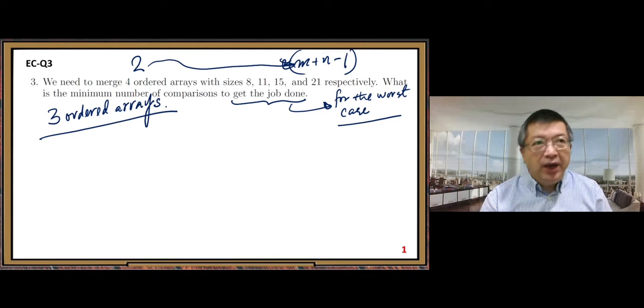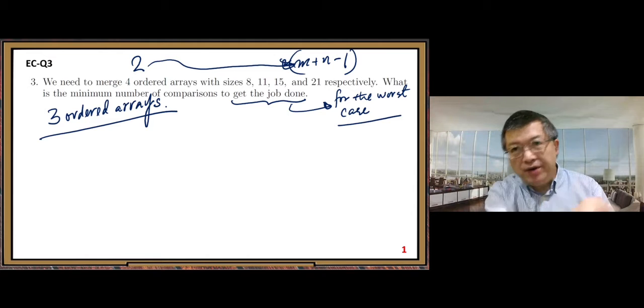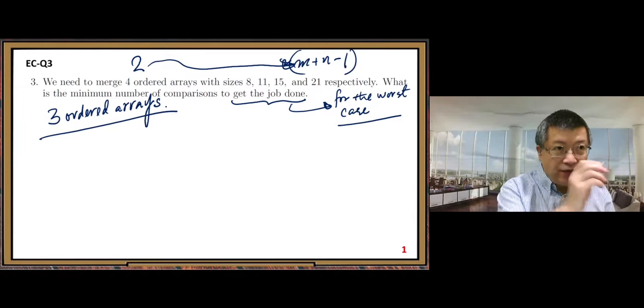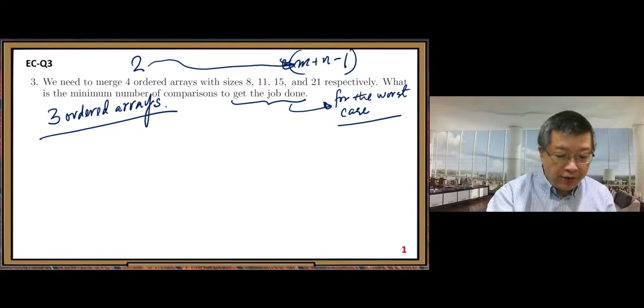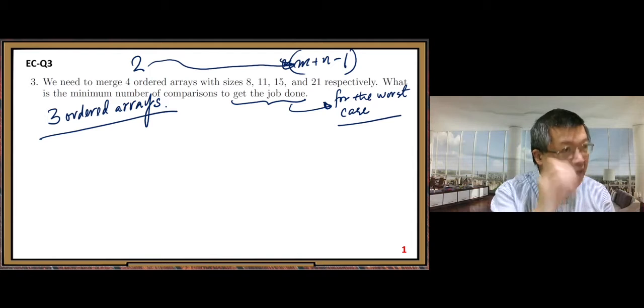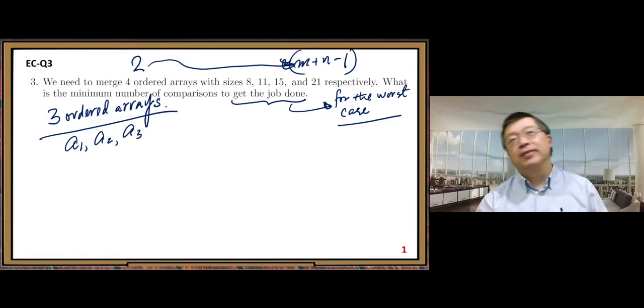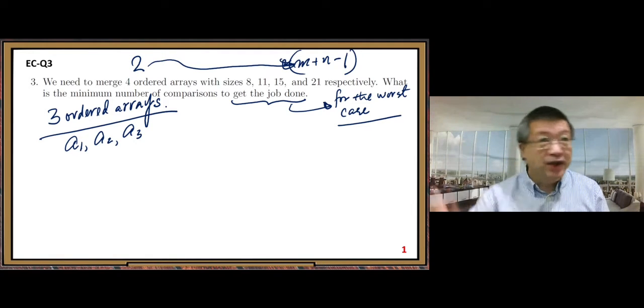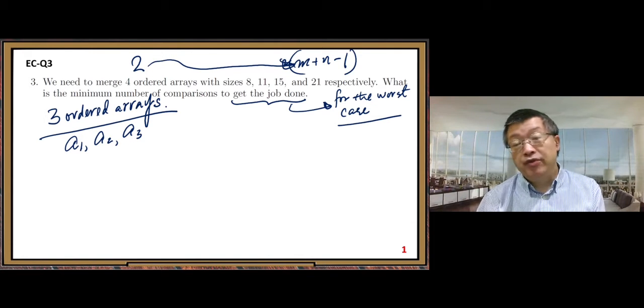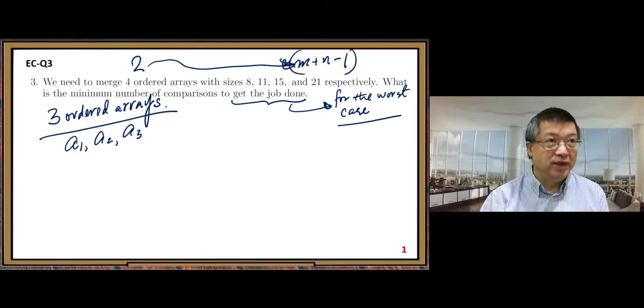I'd like to look at a general case: 3 ordered arrays with array sizes A1, A2, and A3. A1, A2, A3 are 3 positive integers, not necessarily in order, could be in any order, arbitrary 3 positive integers.